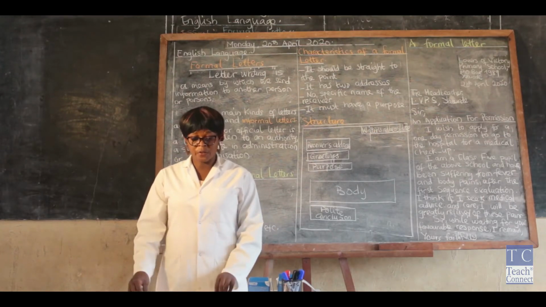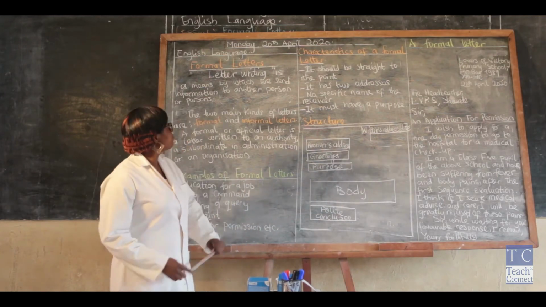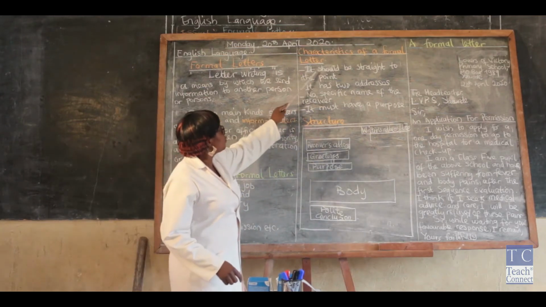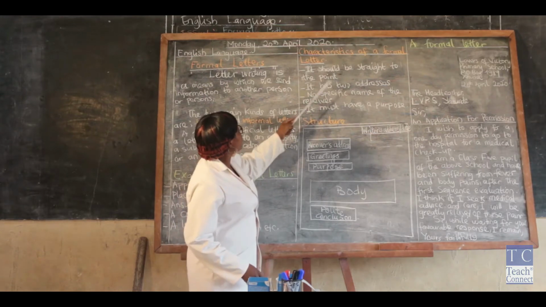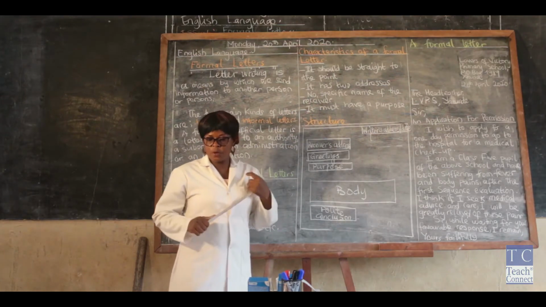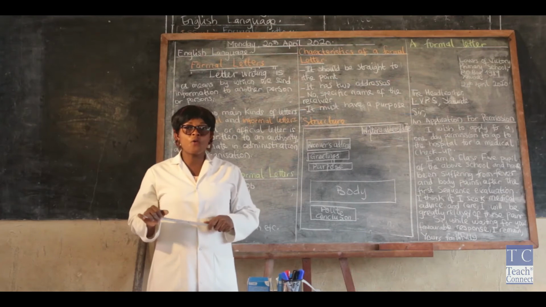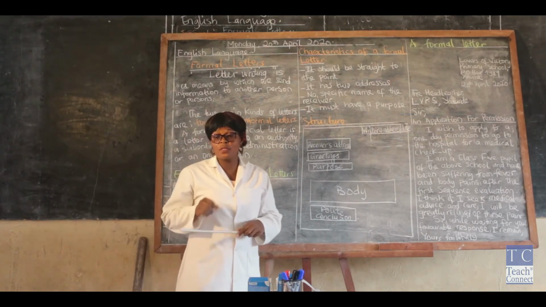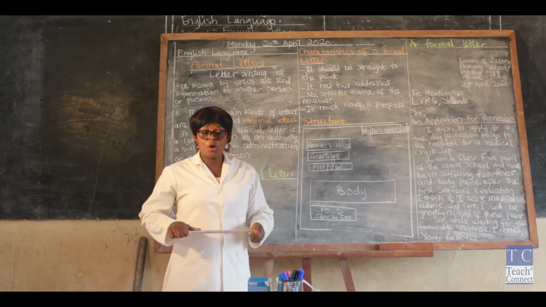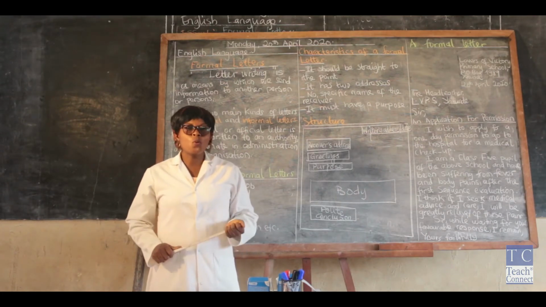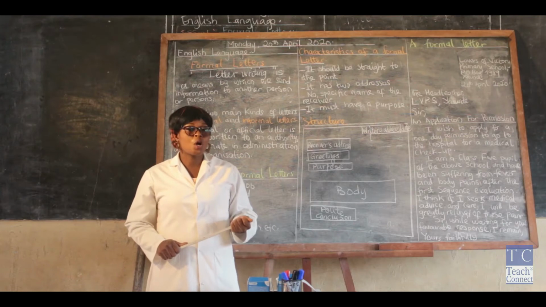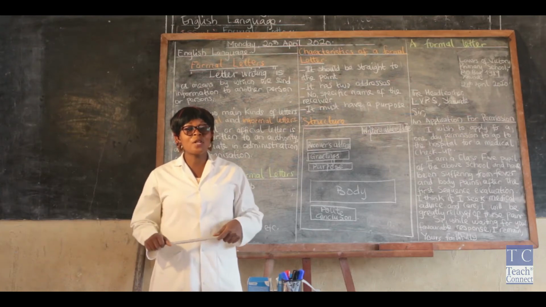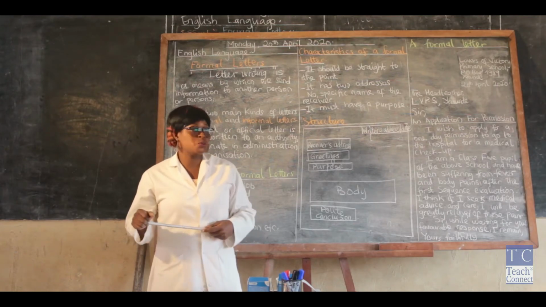Some of these characteristics are: 1. It should be straight to the point. When we talk of straight to the point, you should write to your official only those items that are very important and necessary. Why? Because your letter is not the only letter that he has to read. Coupled with that, he might have other official duties to attend to.